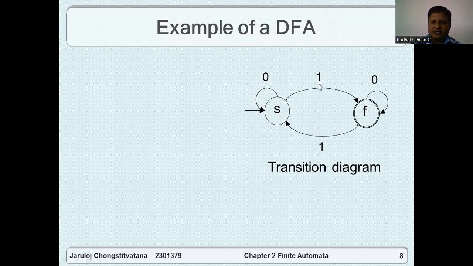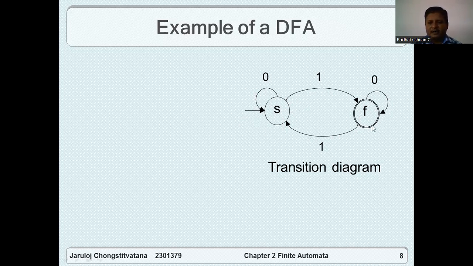Suppose S reads the input 1, control automatically transfers to the next state, which will be F. Similarly, F on input 0 has a self loop, so the next state will be F. At the same time, if F reads the input 1, it moves to the next state, S. This representation is the transition diagram.